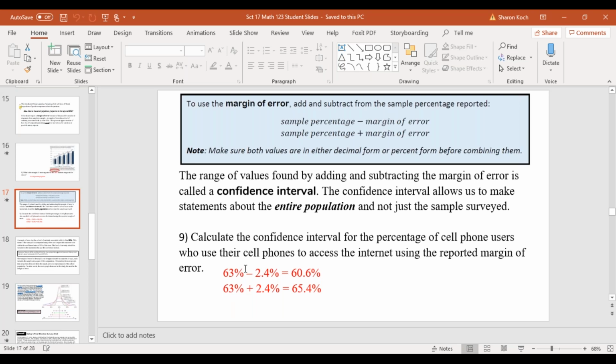So when they said 63% of cell phone users use their cell phones for internet usage, and we add and subtract that 2.4%, we're saying the actual values are between 60.6 and 65.4%.